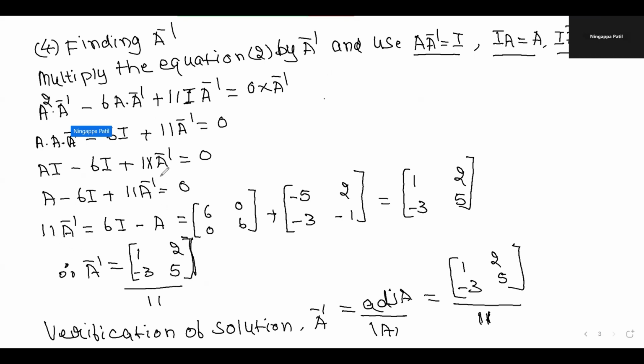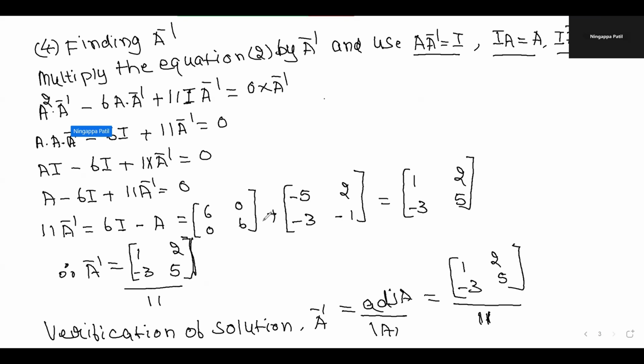Then we are interested in finding the value of A inverse, so keep this term on the LHS and send the others to the RHS. If you send it to the RHS, minus 6I becomes plus 6I, and plus A becomes minus A. Then 6I means 6, 0, 0, 6.